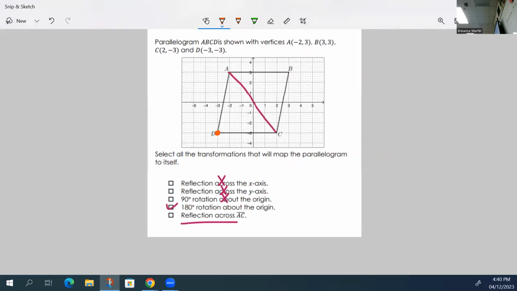And the way that I taught you how to reflect over lines is you go to the line. So for instance here, 1, 2, 3, 4, 5 to the right is going to then be 5 up. 1, 2, 3, 4, 5. Something's wrong.